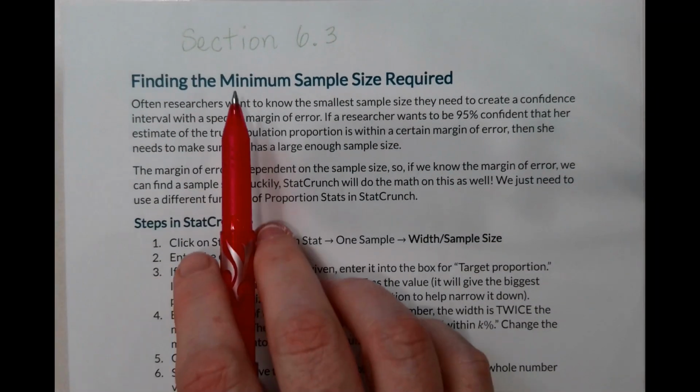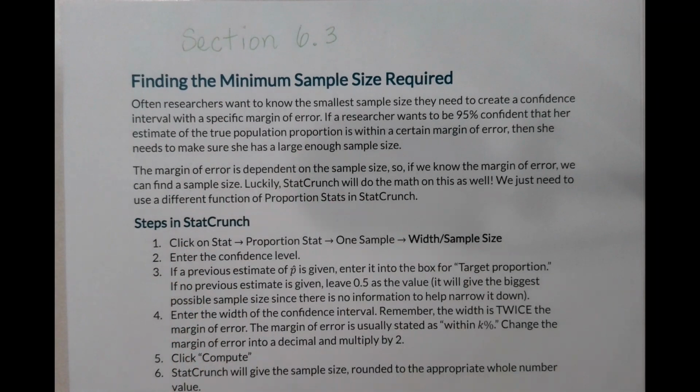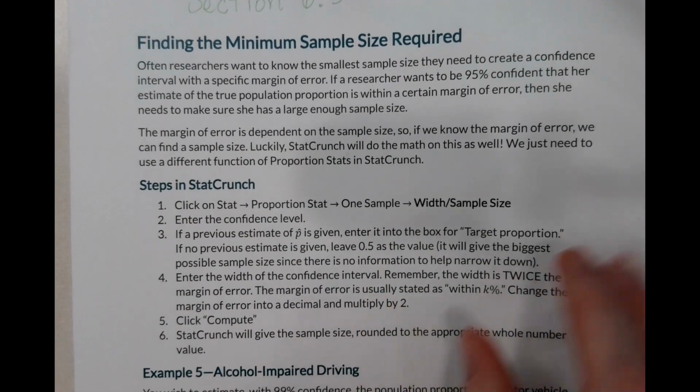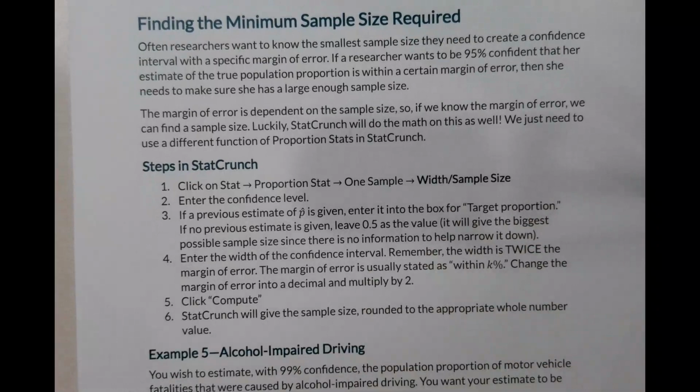So section 6.3 in our book is all about confidence intervals for a population proportion. Everything else we've done so far, we've been wanting to estimate a population proportion. However, this part of the section is actually slightly different.